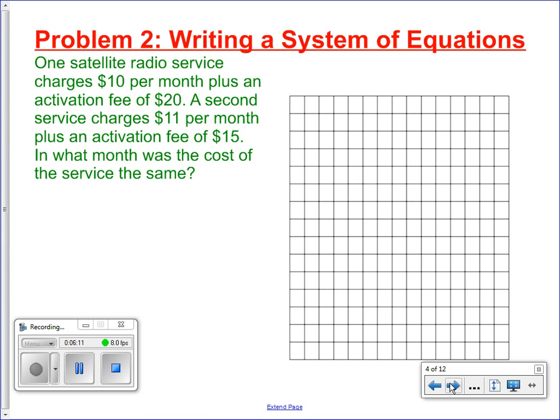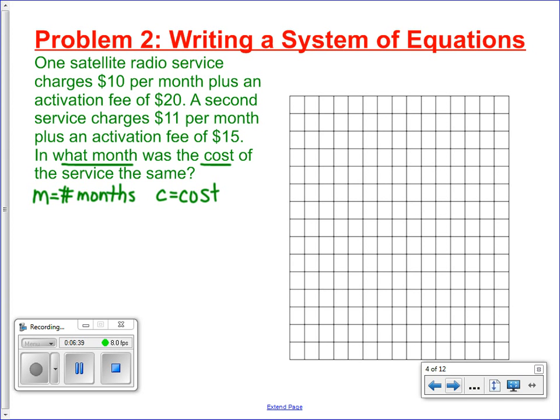So you'll see in the last sentence, which is a question, what the two variables would be. It asks in what month, so let's use M for the number of months, was the cost of the service the same? And so the second one is cost, and I'm going to use C for the cost.